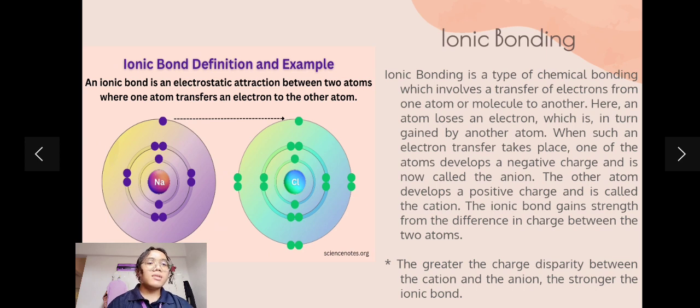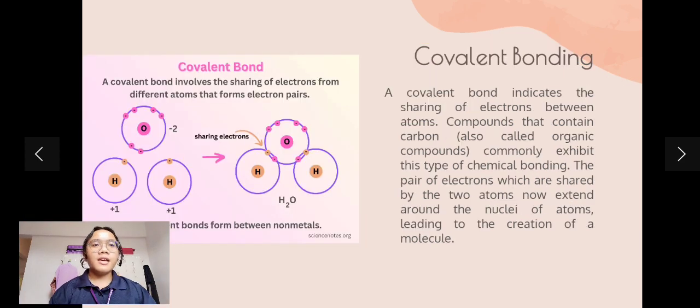The other atom develops a positive charge and is called the cation. The ionic bond gains strength from the difference in charge between two atoms; the greater the charge disparity between the cation and the anion, the stronger the ionic bond.